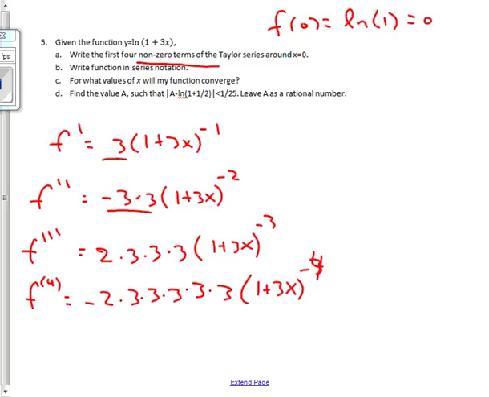And even though I don't need to go to the fifth derivative, I'm going to just for one more data point. So when this 4 comes down, we get 2 times 3 times 4 times 3 times 3 times 3 times 3 times 3.